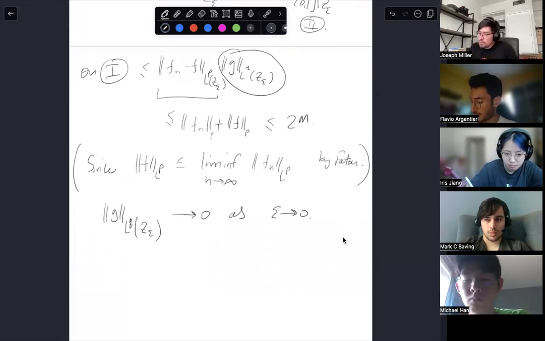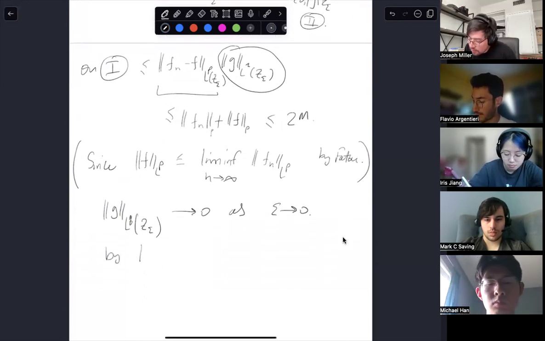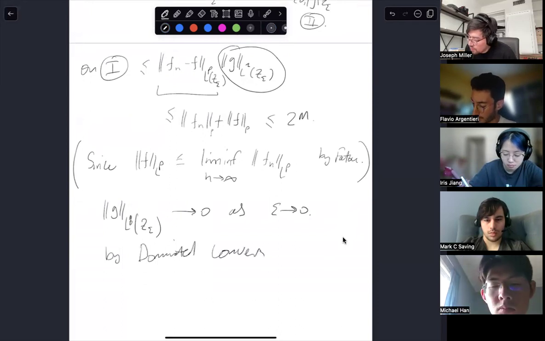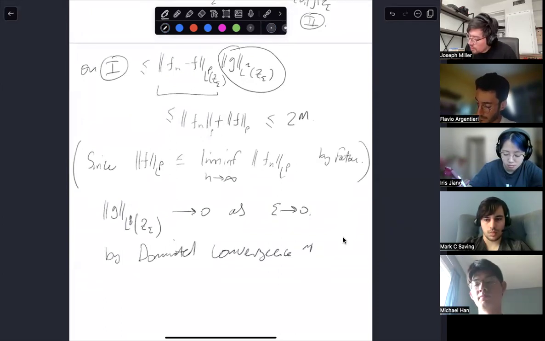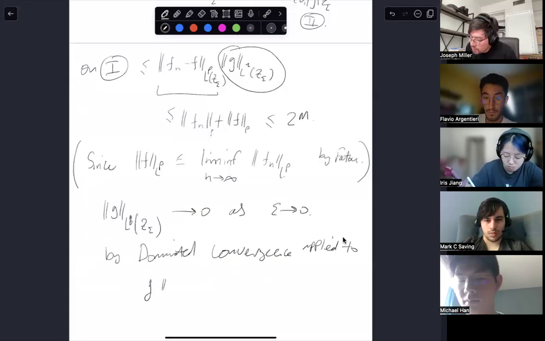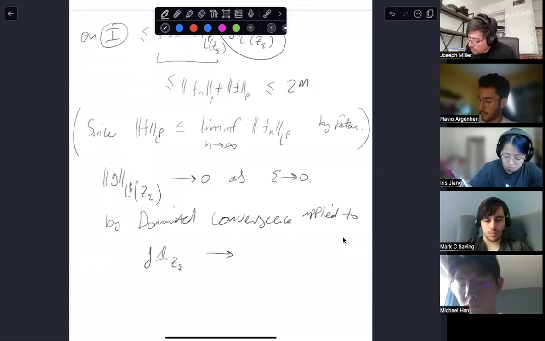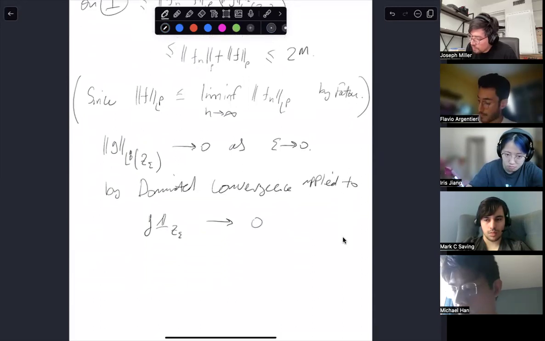The way you do this is by dominated convergence, applied to g times the characteristic function of Z epsilon, which converges to 0 as epsilon goes to 0.